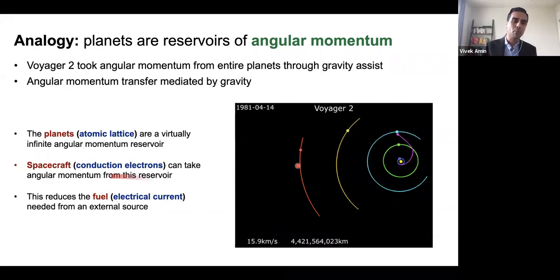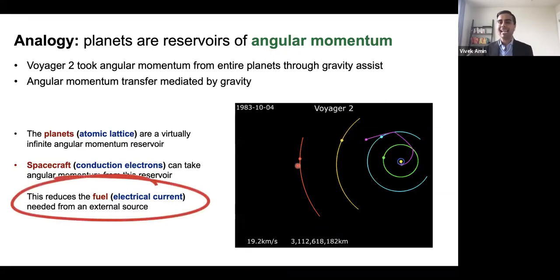And so the important point here is that by taking angular momentum from an external source, which has a lot of angular momentum to give, the spacecraft doesn't have to carry extra fuel in order to make these otherwise energy expensive course corrections. And this is exactly what we're doing with spin orbit torque. We're trying to take angular momentum from this external source, in this case, the atomic lattice in the crystals, and transfer that angular momentum to the magnetization.